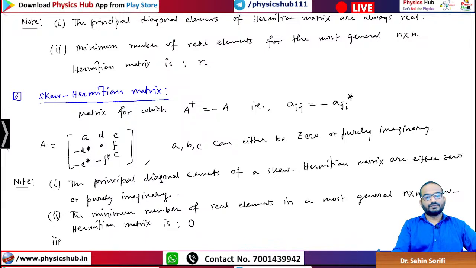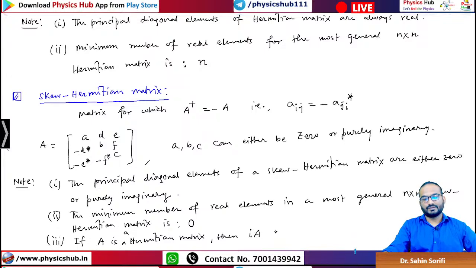Now, a few more properties. Let's say A is a Hermitian matrix. If A is a Hermitian matrix, then iA and minus iA, both of them will be anti-Hermitian or skew Hermitian.